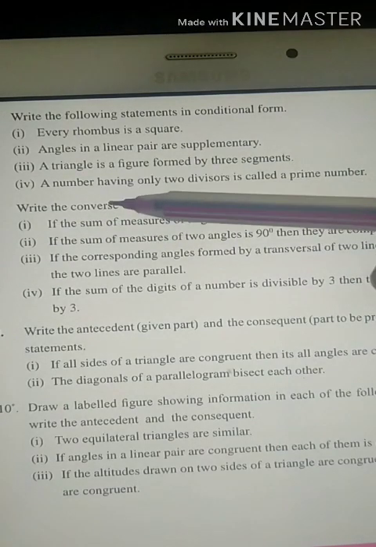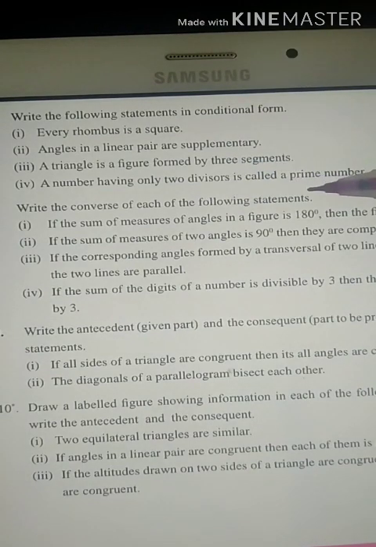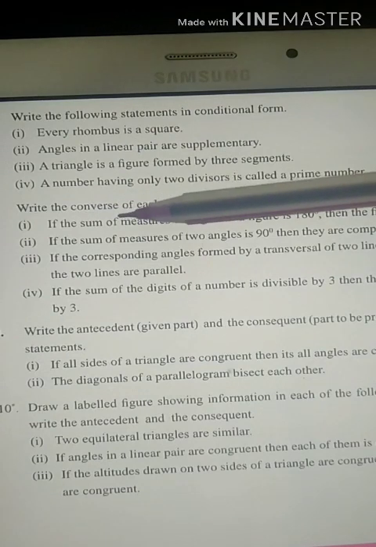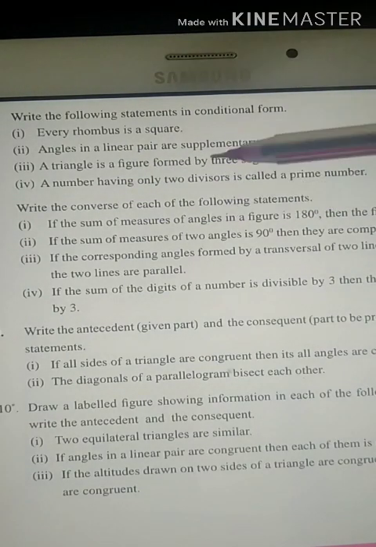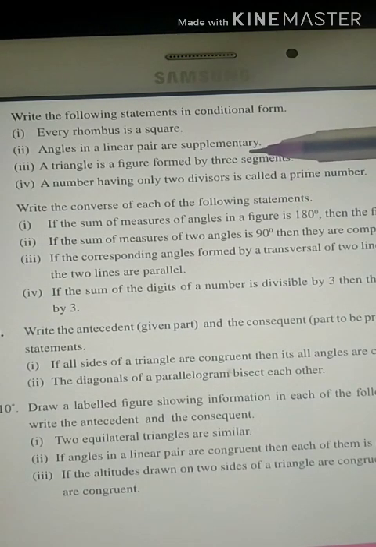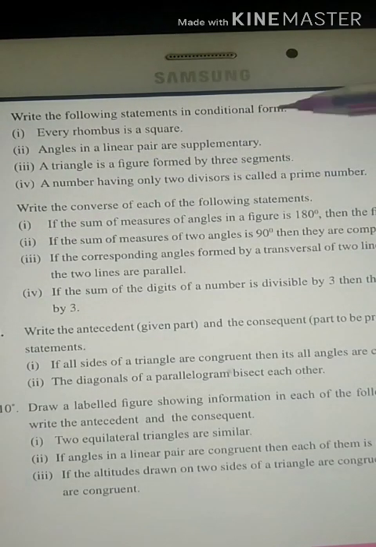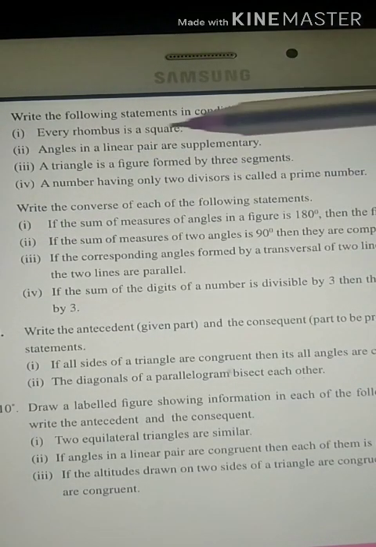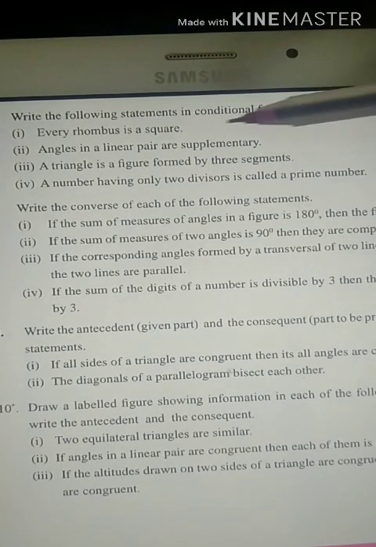If a number is having only two divisors, then it is called a prime number. Or if a number is a prime number, then it will have only two divisors. You are clear with the if and then form.